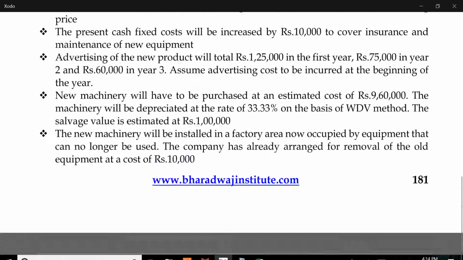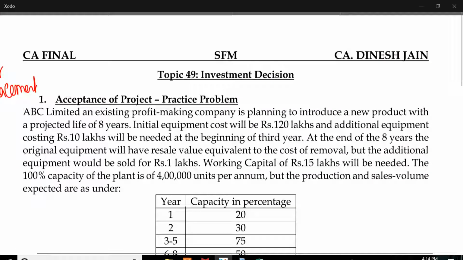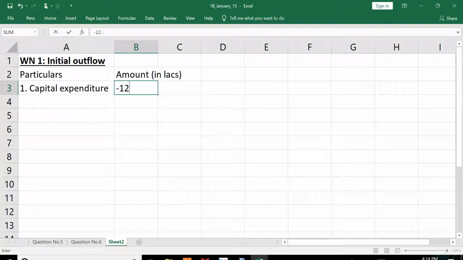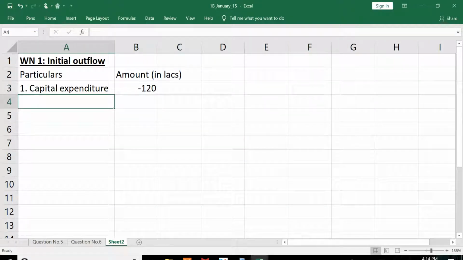What are the initial expenses the company is incurring? 120 lakhs, so capital expenditure is minus 120.